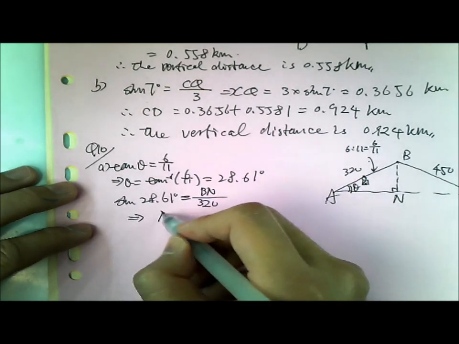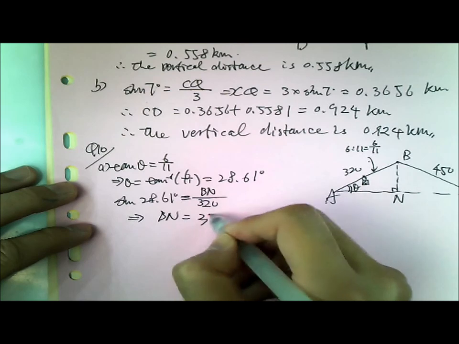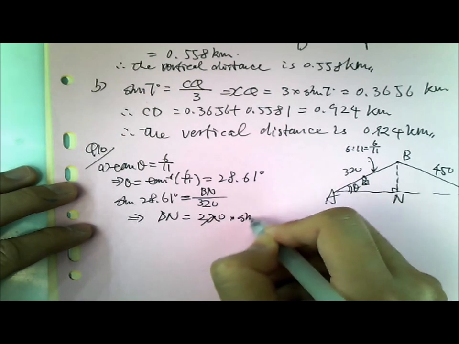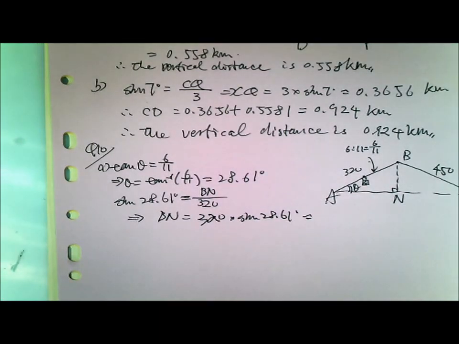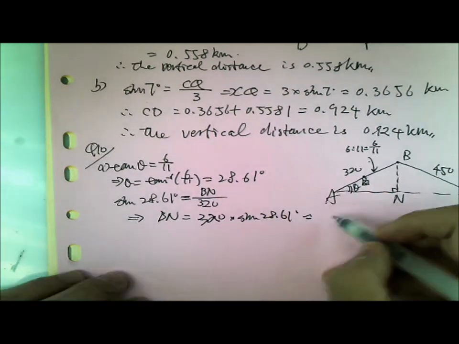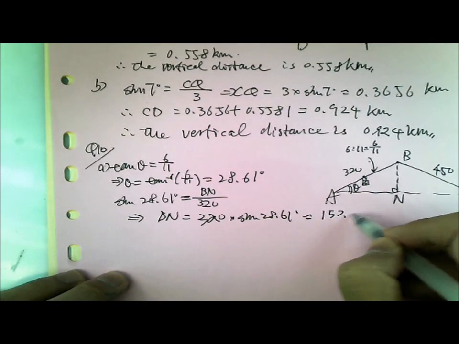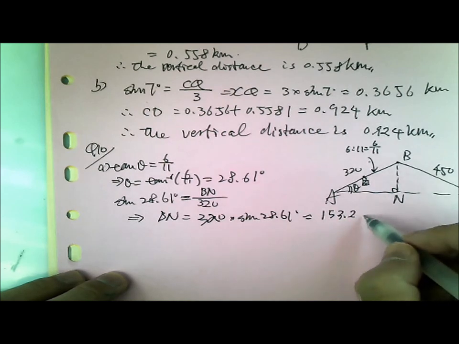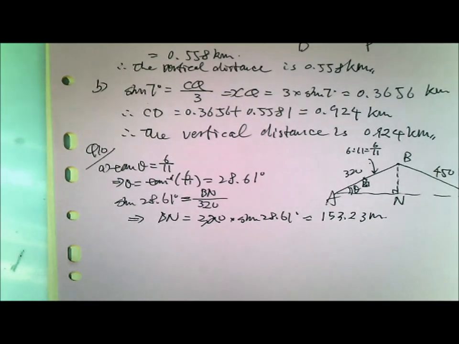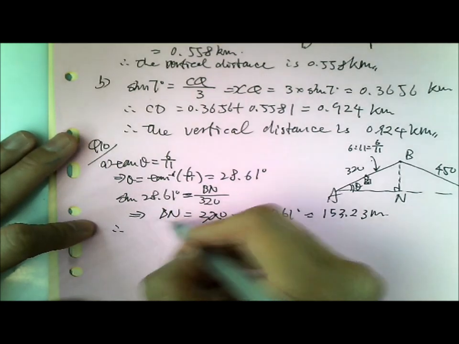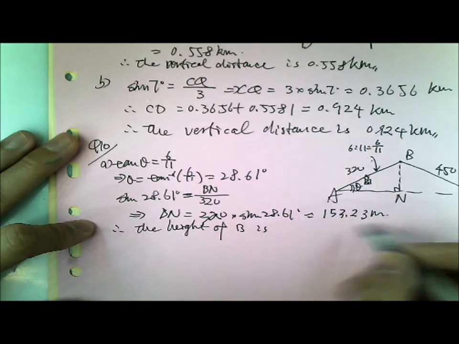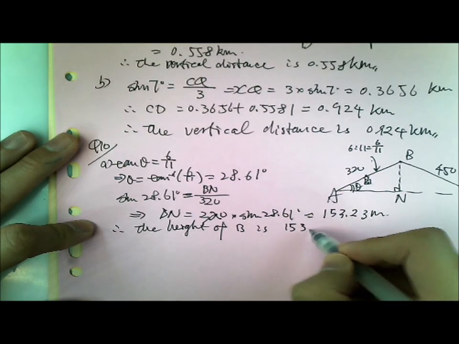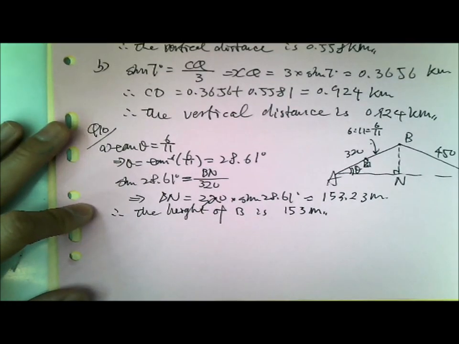And then BN, as you move the term, will be like this. Understand? So go to your calculator. So you got 153.2, 3 m. So just give a conclusion. So the height of B is 153 m around. Understand? It's okay.